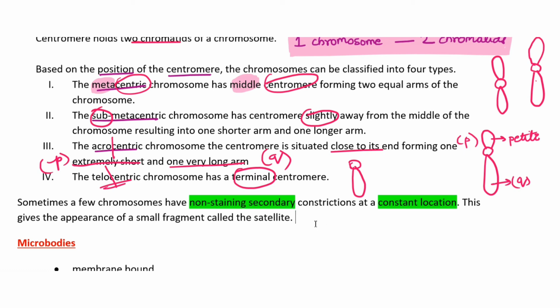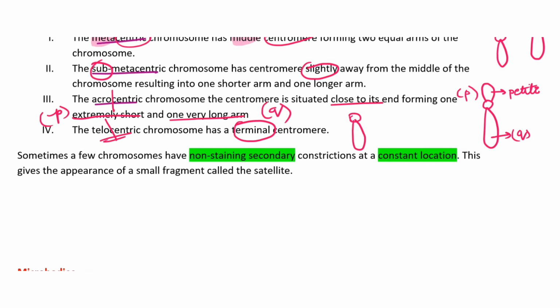In a few chromosomes, there are certain non-staining regions called the secondary constrictions present at a constant location. Please look at the terms that I am using. Chromo means color, I told you. So the chromosome structures get easily colored by basic dyes, I told you earlier. These chromosomes have non-staining regions called the secondary constrictions at specific constant locations.